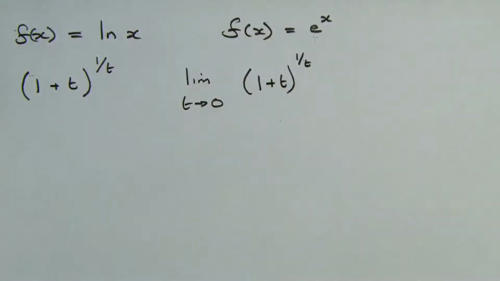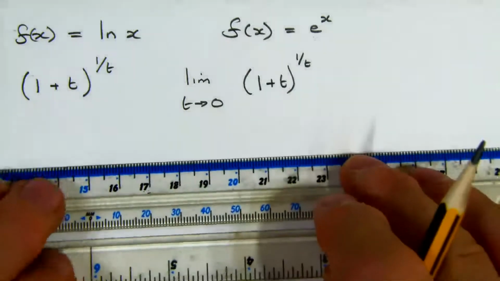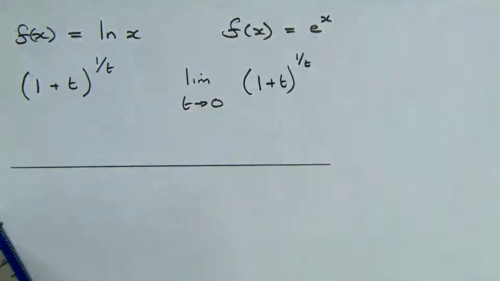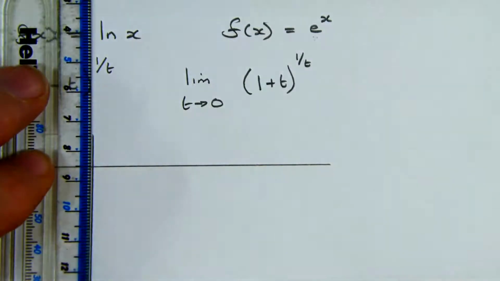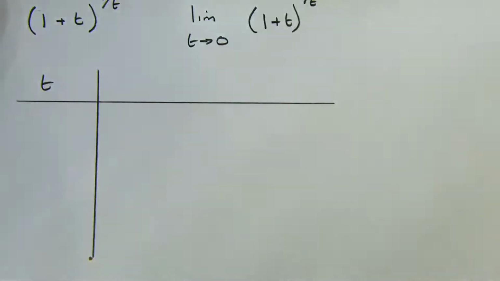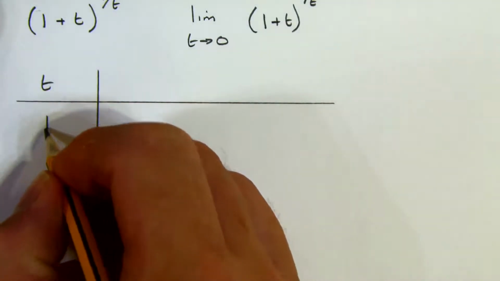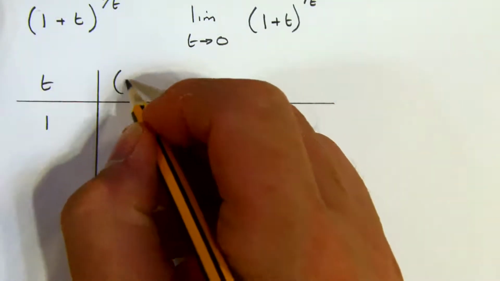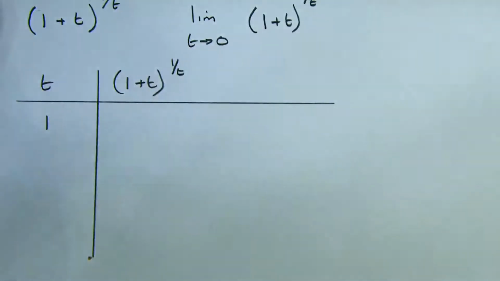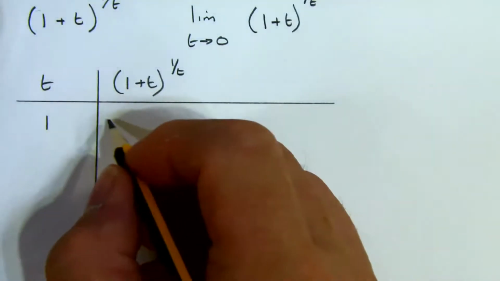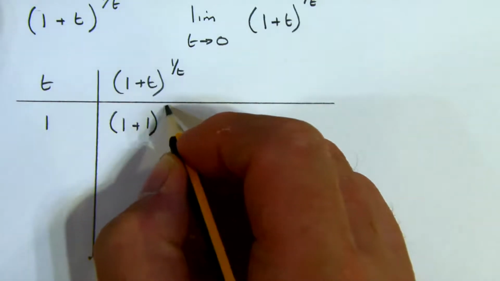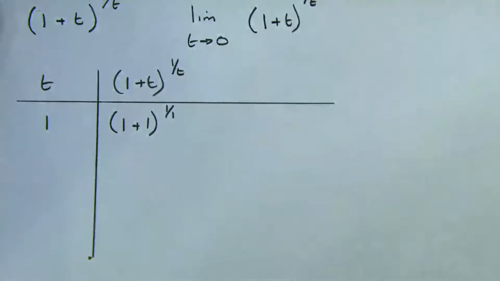Let's have a look at this function. Let's see what happens. I'm going to have my values of t, and we're going to start off with 1, and we're going to look at 1 plus t to the power of 1 over t. For the first one, this is going to be really quite easy. This is going to be 1 plus 1 to the power of 1 over 1.